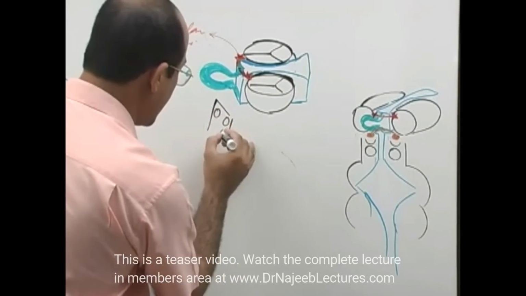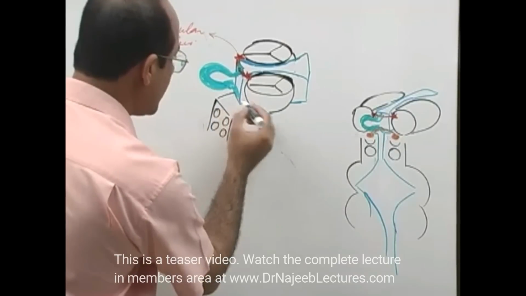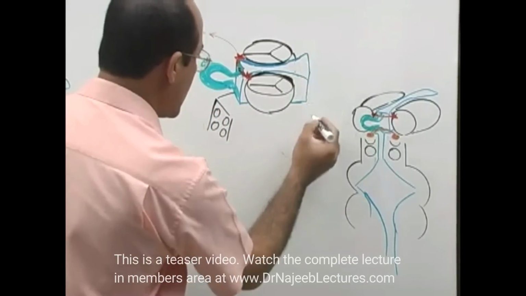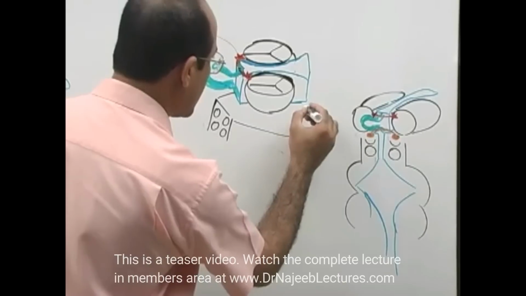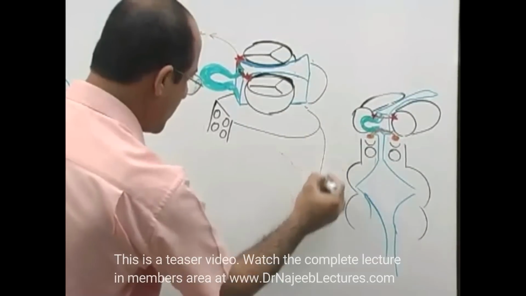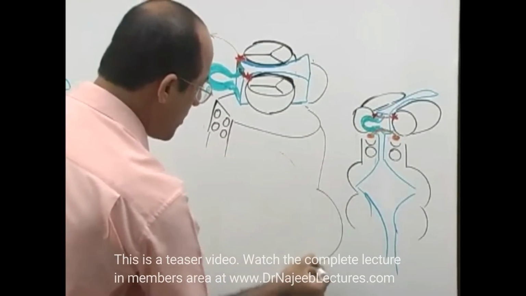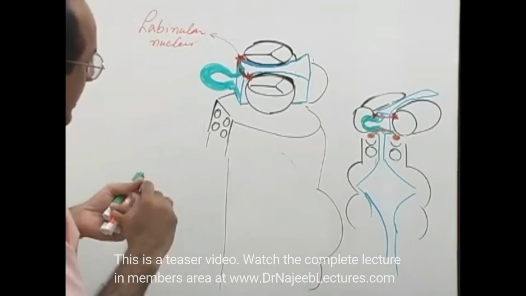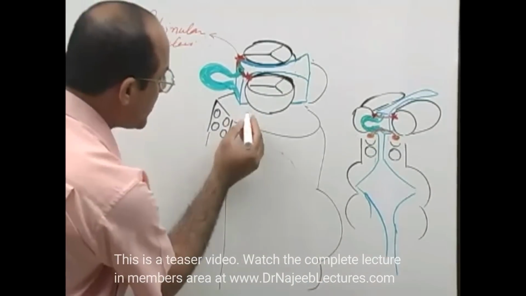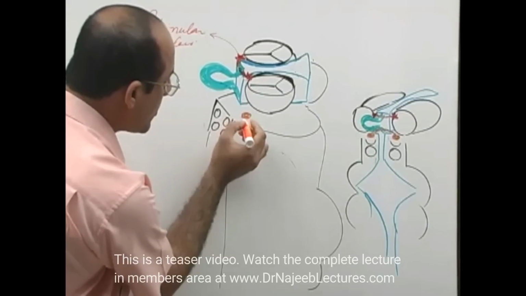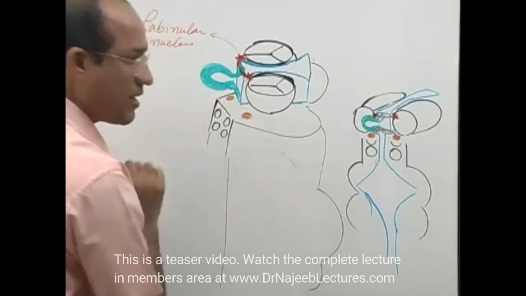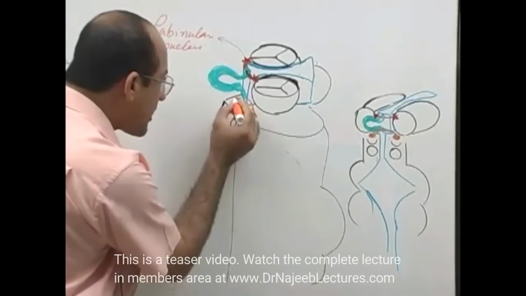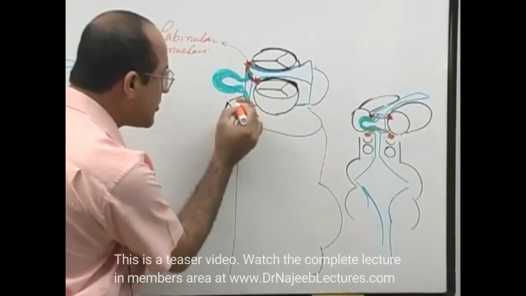this is superior colliculi, inferior colliculi. And here I draw the midbrain structure, pons and medulla. It means pretectal nucleus is here and also here. And these fibers are crossing like that.